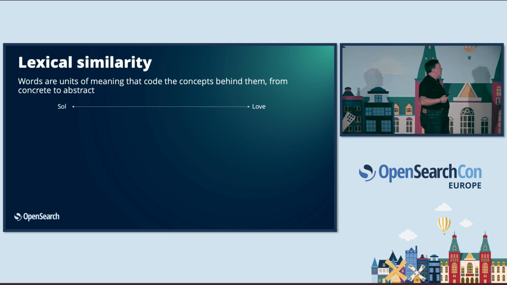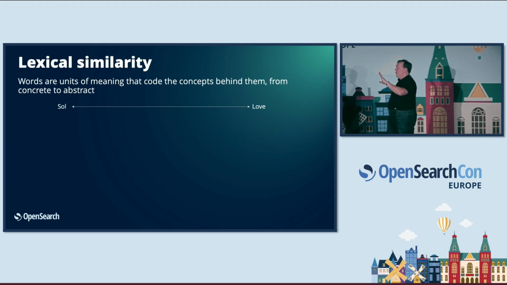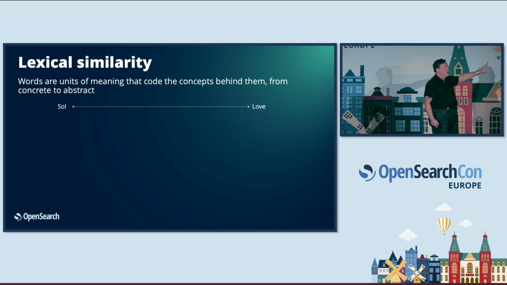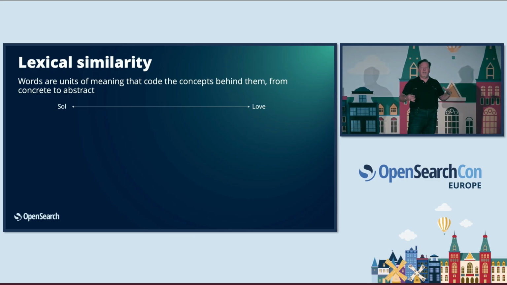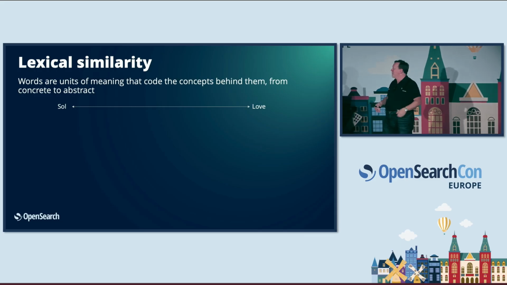For the lexical world, words are really the units of meaning and similarity, right? You can go from the very concrete, so "sun" is a very concrete word, all the way out to very abstract words like "love" that are sort of internally referential and very hard to define precisely.